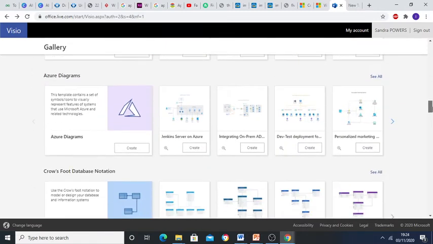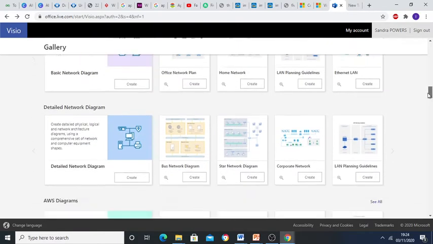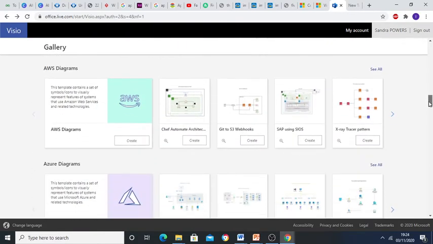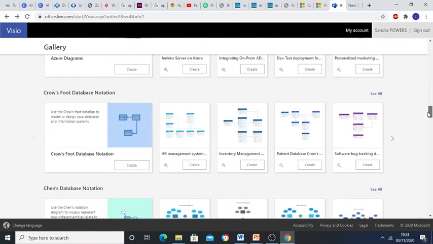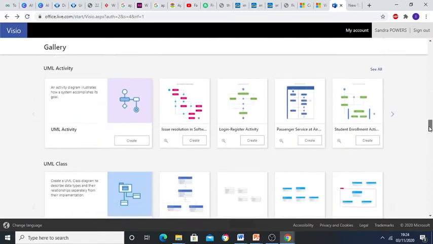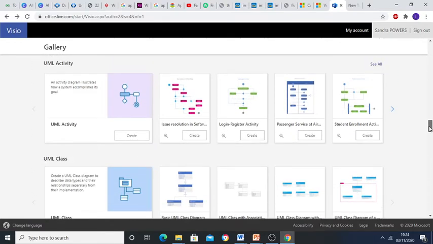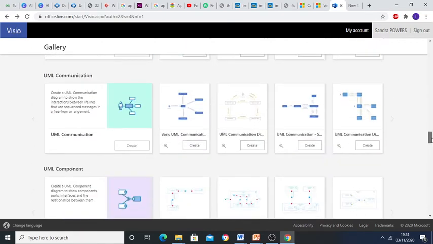As I scroll down, you can see all sorts of diagrams there: basic network diagrams, detailed network diagrams, AWS diagrams, Azure diagrams, crow's foot database notation, Chen's database, UML activity. So we are now in the UML section. There's UML class, UML communication diagram.